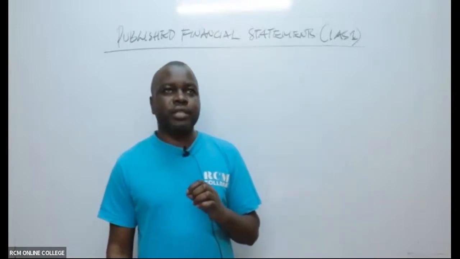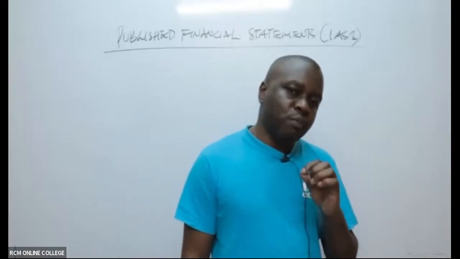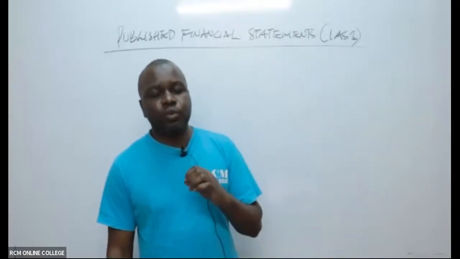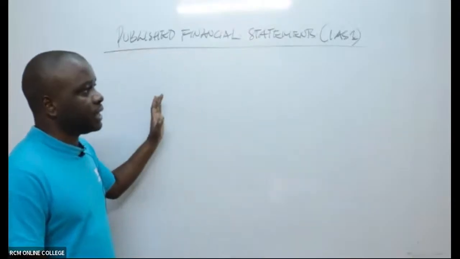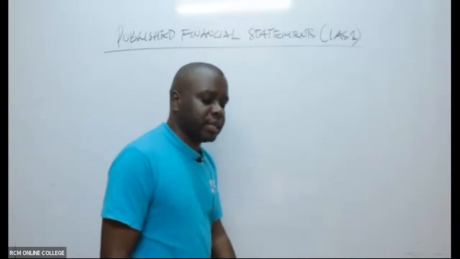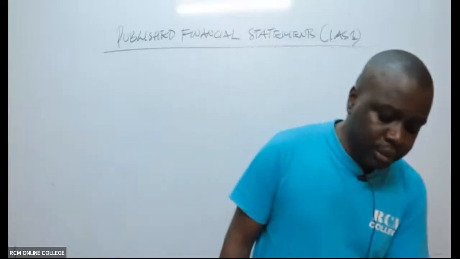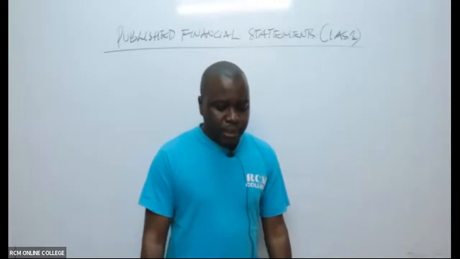An item such as the cost of sales, you have to compute separately and eventually put it together so that you can present it in the statement of comprehensive income to be published. So it's just like the normal preparation of financial statements.